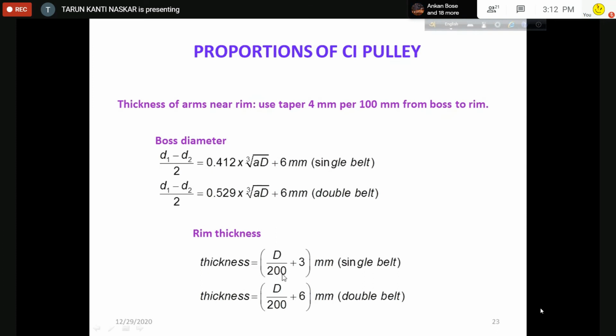And rim thickness depends on if it is a CI cast iron, so there must be some thickness, otherwise you cannot cast it. Since manufacturing process is casting, there must be some considerable amount of thickness, otherwise you cannot manufacture it by casting.